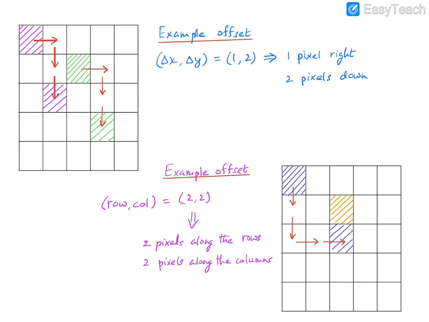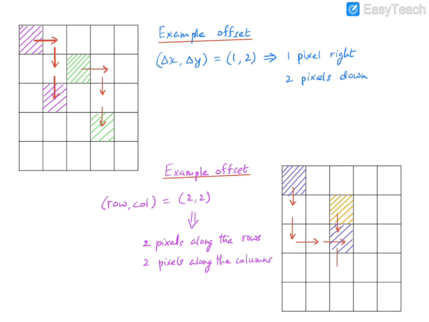Okay. Similarly, for the pixel which is shaded in orange, the corresponding pixel at the offset of 2,2: we have to go 2 rows down and 2 columns to the right. So the first row down will bring us here, the second row down will bring us here, and I'll mark the arrows as well.